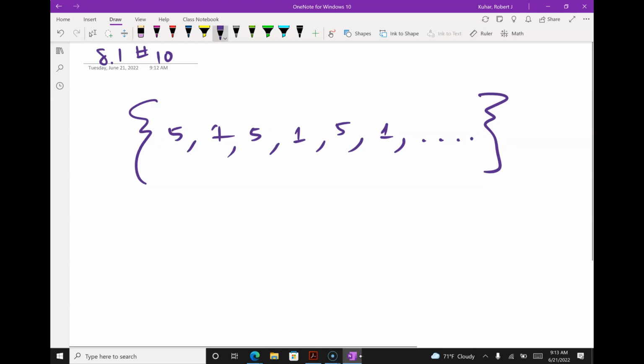Well, it looks like I started with a 5, and then I subtracted 4, and then I added 4, and then I subtracted 4, and then I added 4, right? So I could come up with something here for an nth term, possibly by turning just a sign on or off, right? A plus on or off, right? You with me?